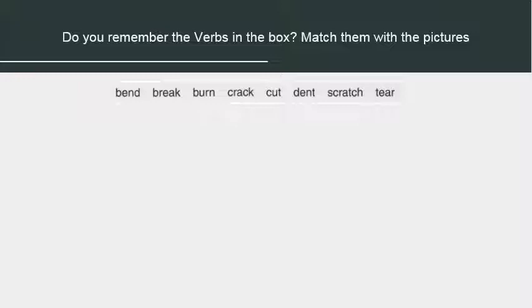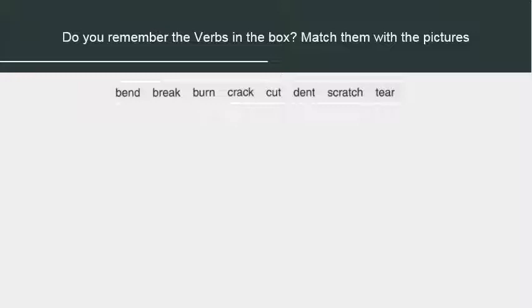then dent. This is to make a hole in a hard surface, usually by hitting it. Then scratch. This is to cut or damage your skin slightly with something sharp.